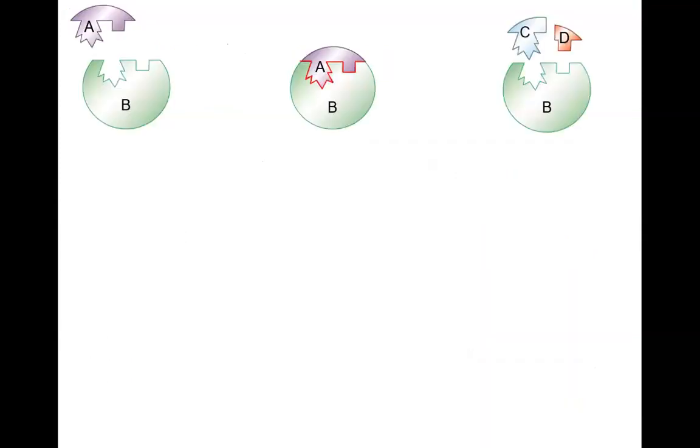Okay. So now let's look at these molecules. For the molecule A in this reaction, molecule A will be broken down into C and D in this reaction. Okay, so the molecule A can bind with the molecule B because they fit the shape of each other.